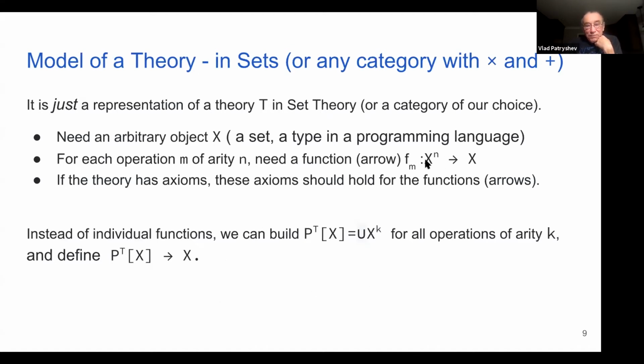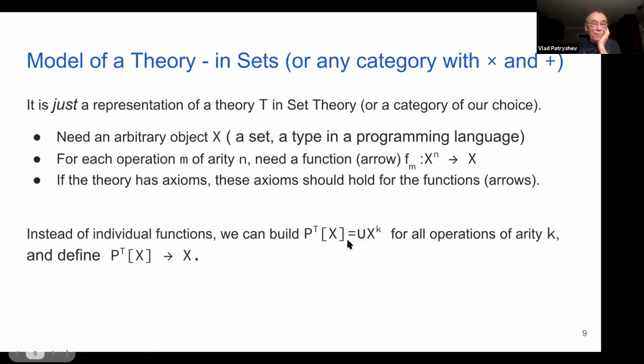Instead of individual functions, like from x to the power of n to x, we can build a union. For all operations of arity k, we take x to the power of k and take the union, because for every such x to the power of k, there is an arrow to x. There will be an arrow from the union P to the power of T to x. So why do I denote it like this? Because it's basically a functor.